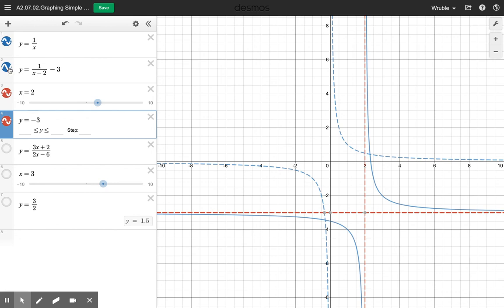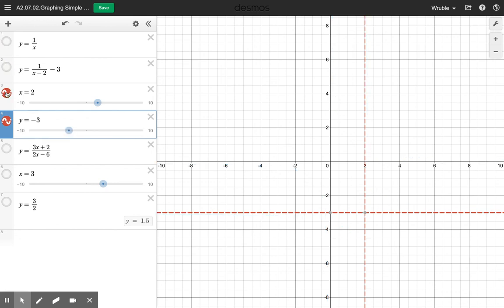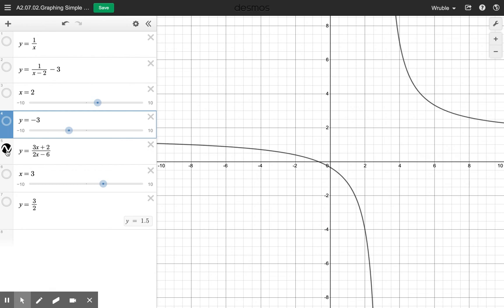We can turn these ones off, and we can take a look at this function here, which is 3 times x plus 2 divided by 2 times x minus 6. For the vertical asymptote, you take this bottom and set it equal to 0.